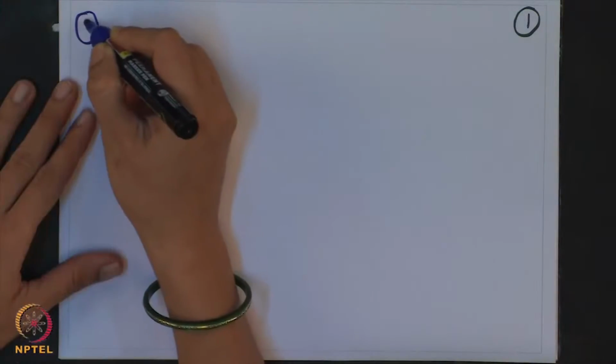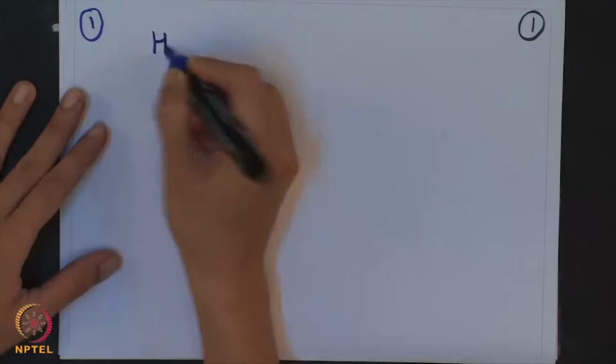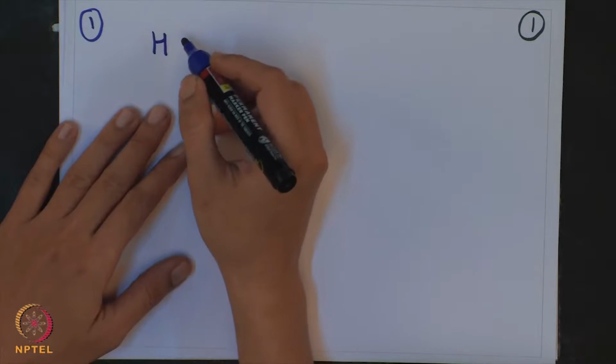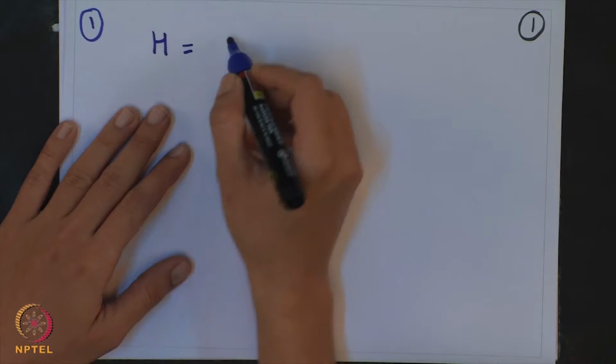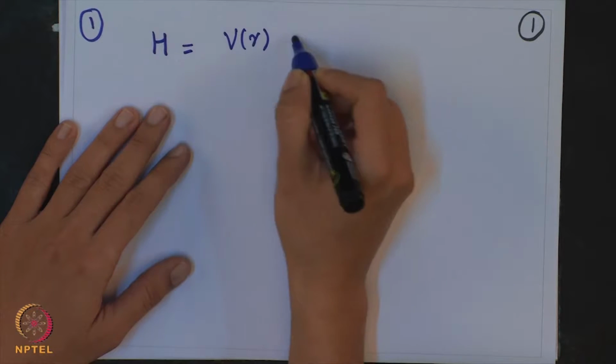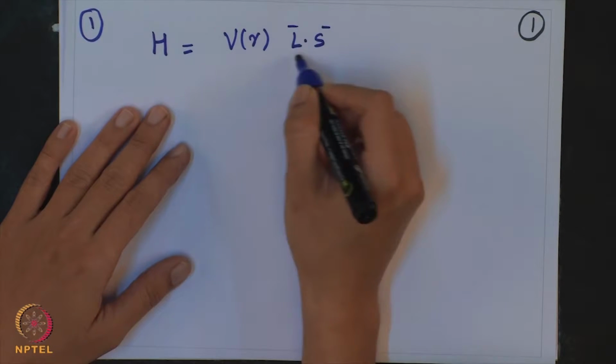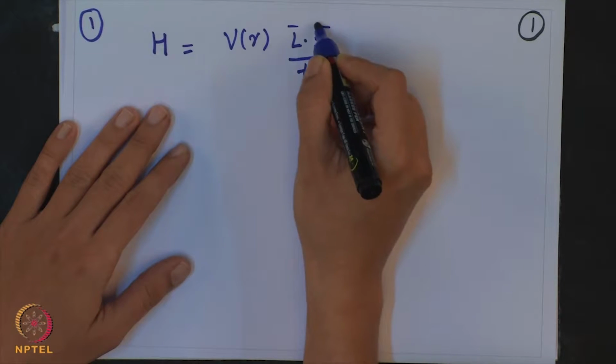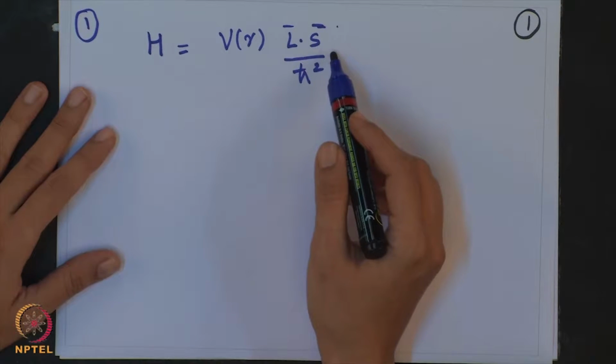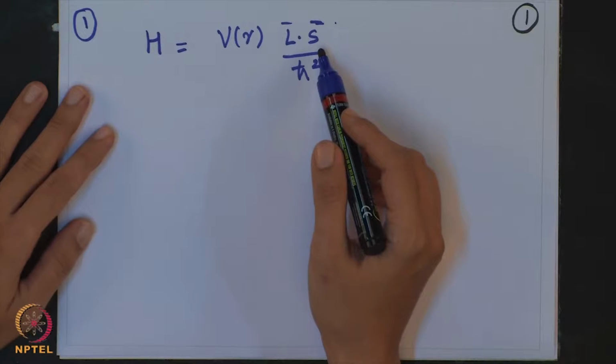You are supposed to find out the energy of the Hamiltonian, and the problem given to you is a Hamiltonian of the form V(r) L·S upon h cross square, where L·S is the LS coupling term.